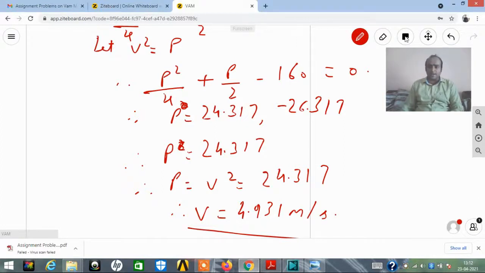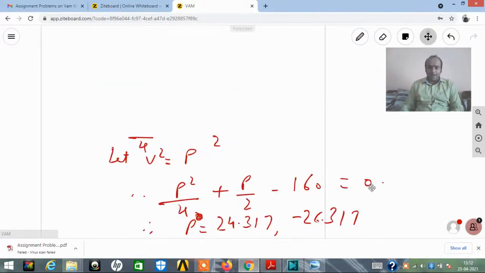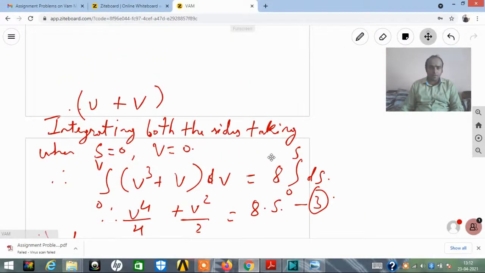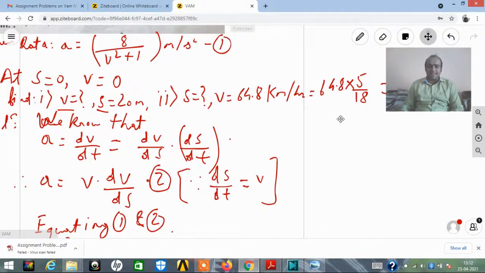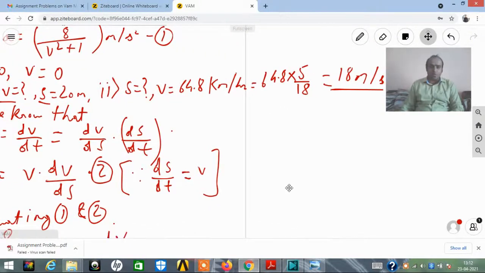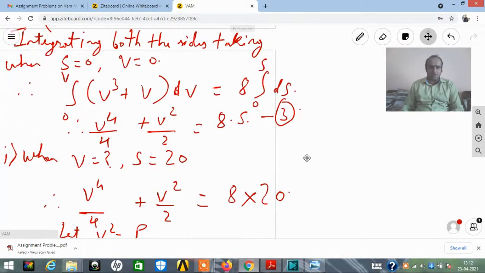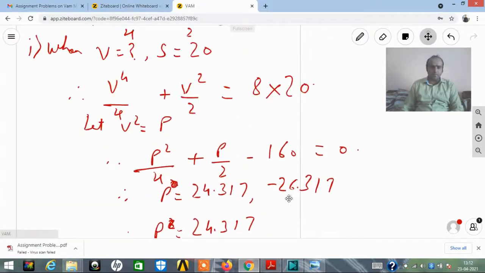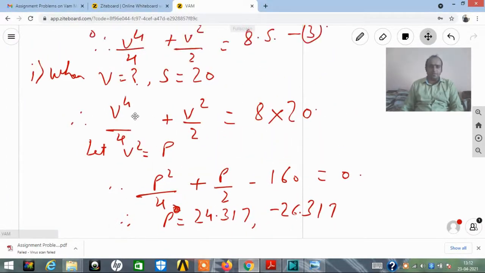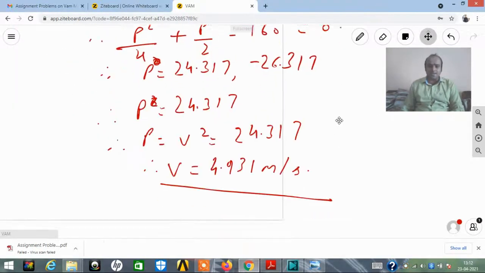Let us go for the second condition, to find s when v is equal to 18 meter per second. The equation is v raised to 4 by 4 plus v square by 2 is equal to 8s.